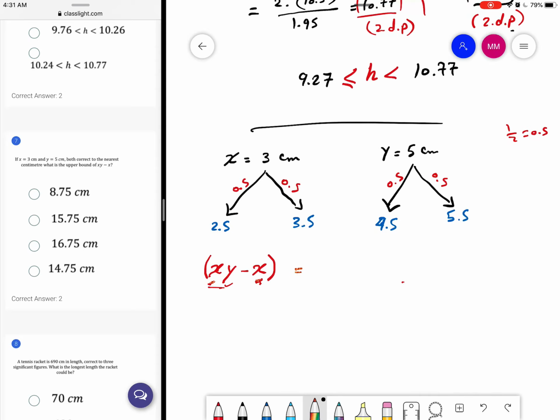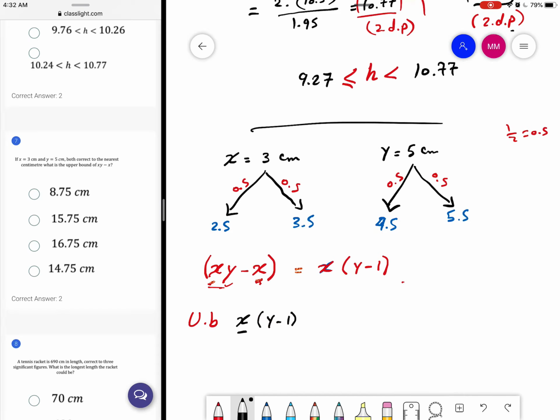In another way, we can write xy minus x by taking x as a common factor. Open bracket, it will be y minus 1, right? So we need to get the upper bound of x multiplied by y minus 1.